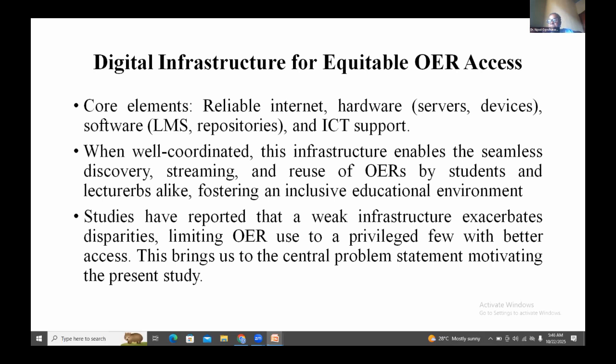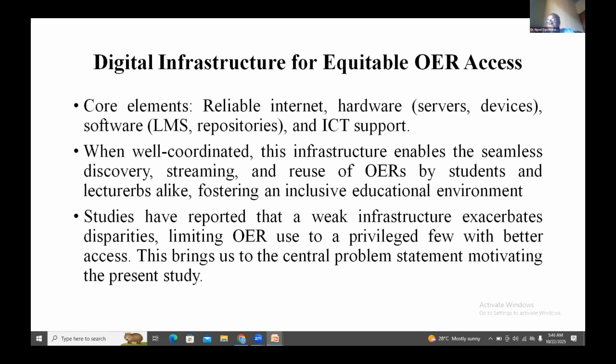Reliable internet connectivity is the foundational condition for equitable OER access. Well-coordinated infrastructure enables the seamless discovery, streaming, and reuse of OER by students and lecturers alike, fostering an inclusive educational environment.